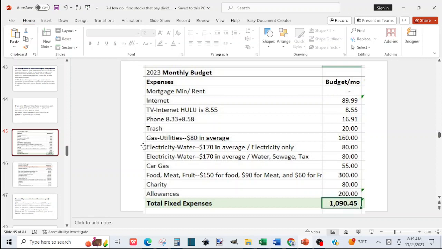So you can see the big change between it. But my husband has had Verizon for many years. So from over $100 to $16, that's a big saving right there.